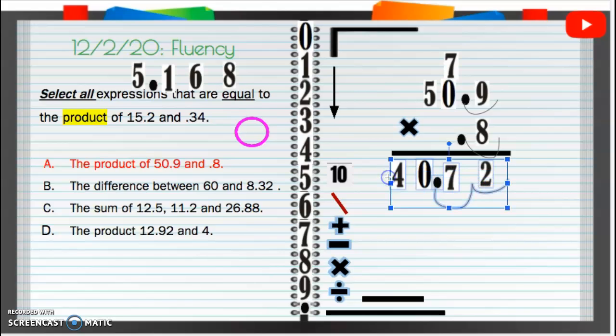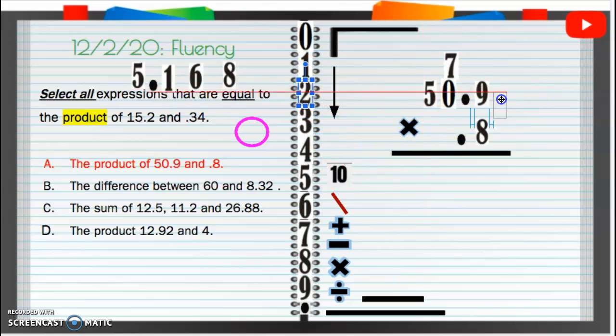Wah, wah, wah. All right, let's take a look at, we got another product one. 12 and 92 hundredths. So let's do the product one while we're multiplying. And 4, just 4.